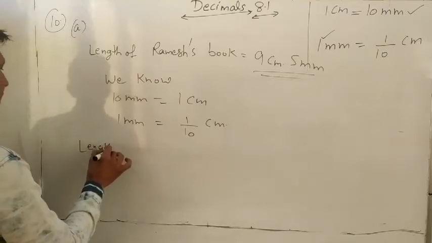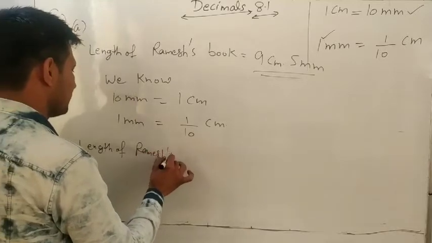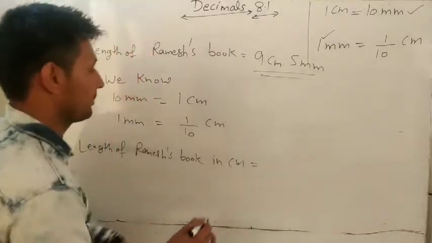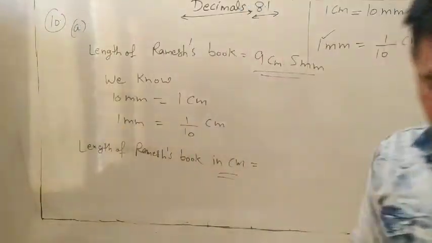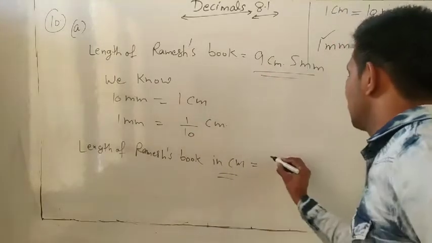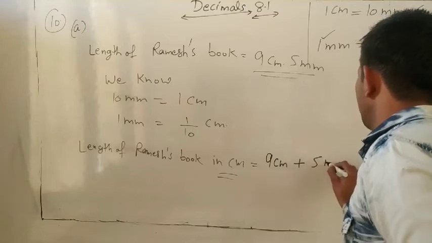Length of Ramesh's book in centimeter, because we have to find the answer in centimeter. How will you find it? The 9 is already given in centimeter, so 9 centimeter plus 5 mm.